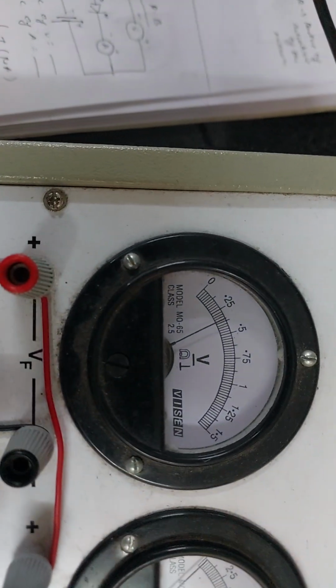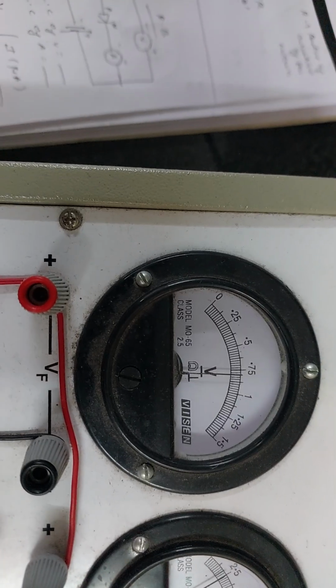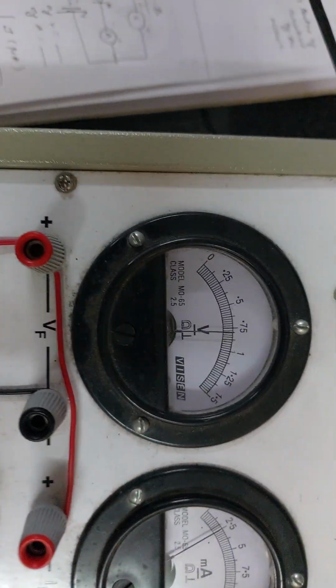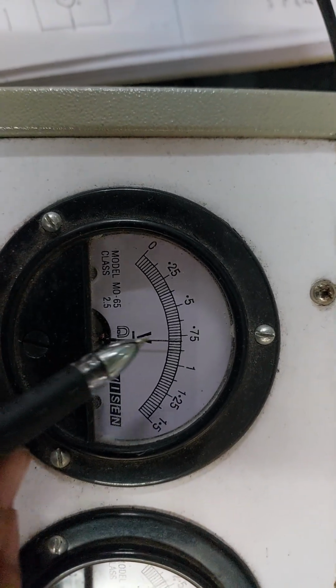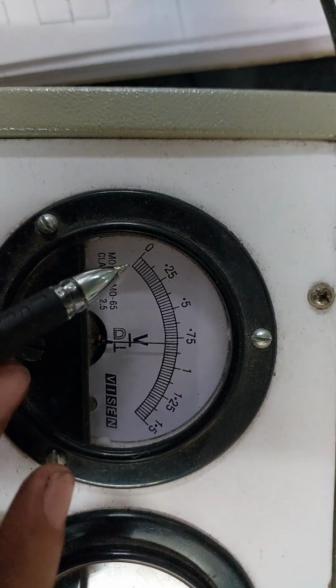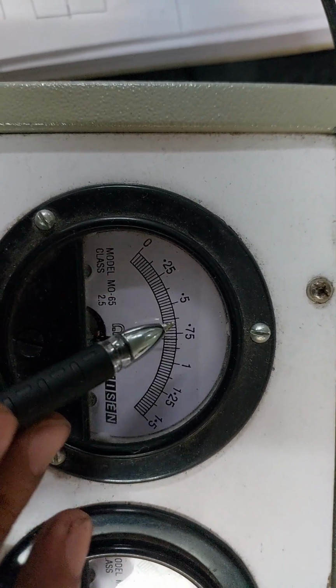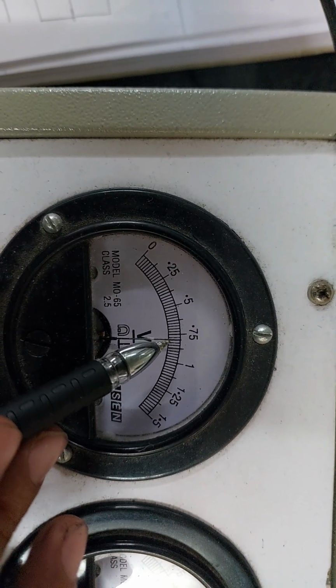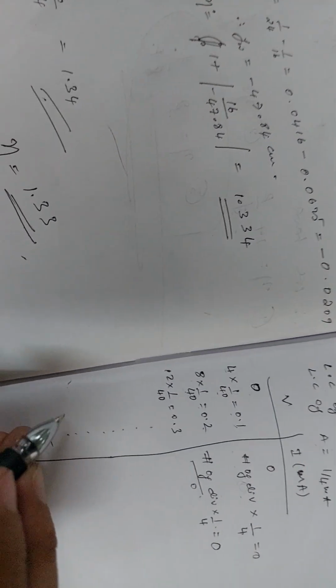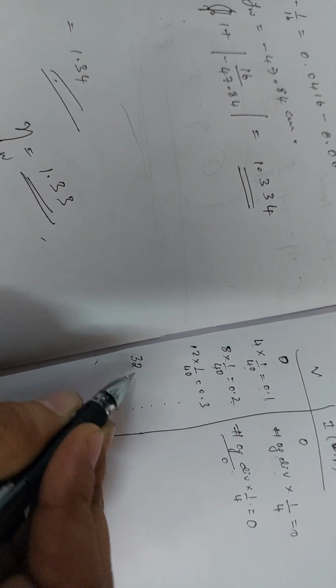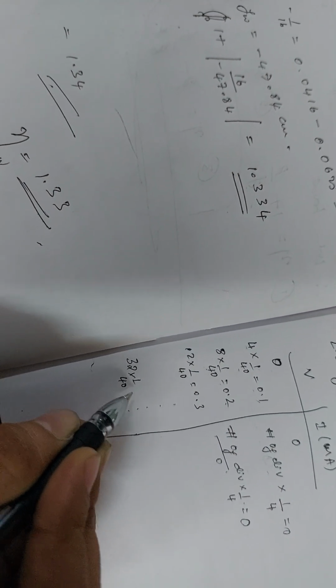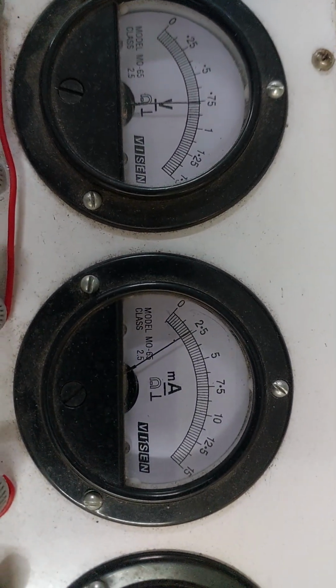Now let's check a random number. You can see the voltmeter reading, and I have to calculate how many divisions away from 0 it is. 10, 20, 30, 32 divisions away from 0. So my voltmeter reading would be 32 into 1 by 40. Now correspondingly, what is the ammeter reading?